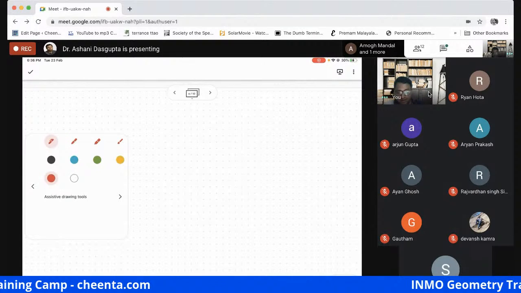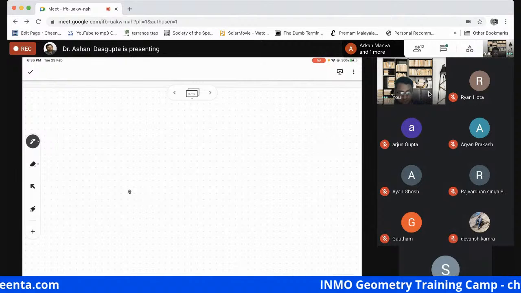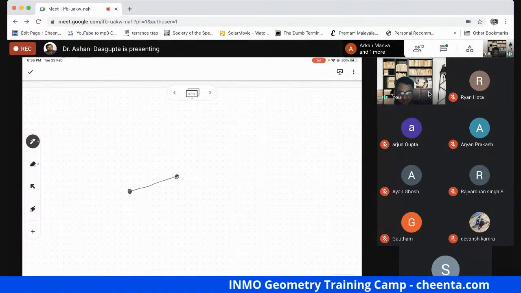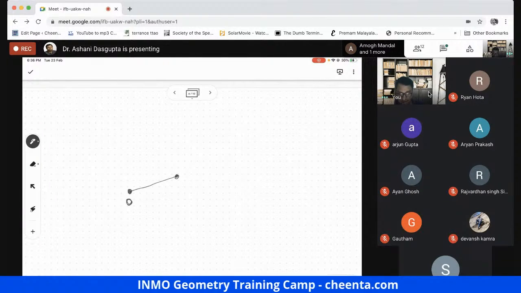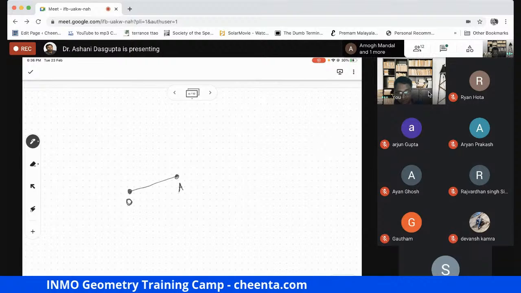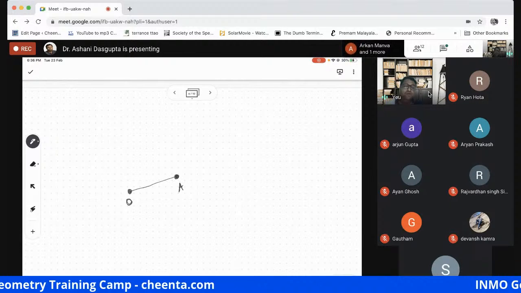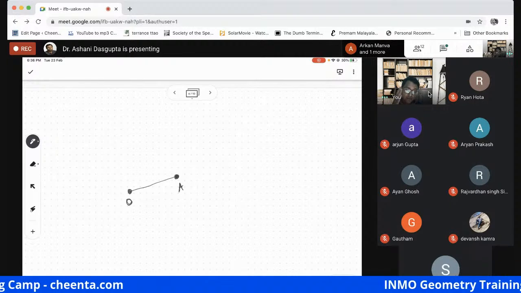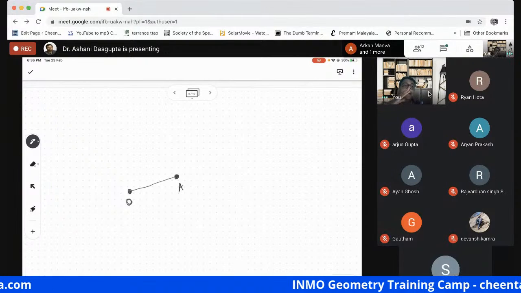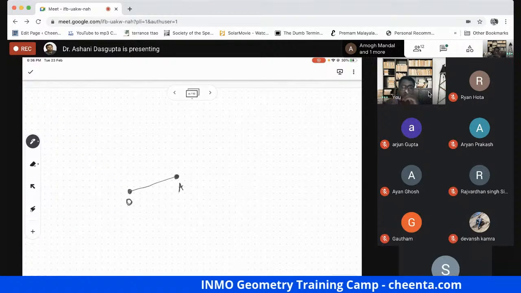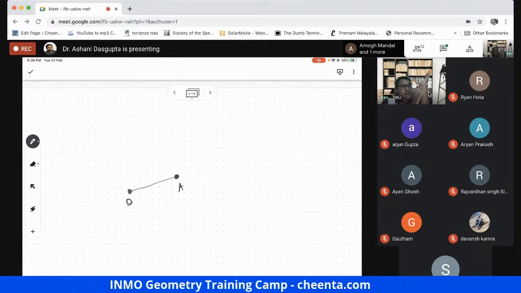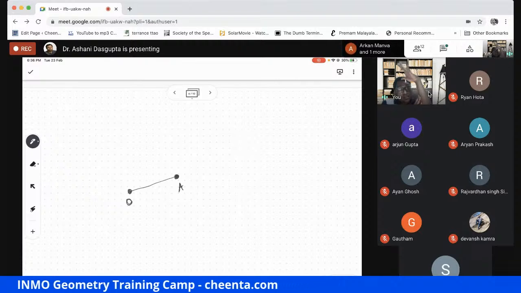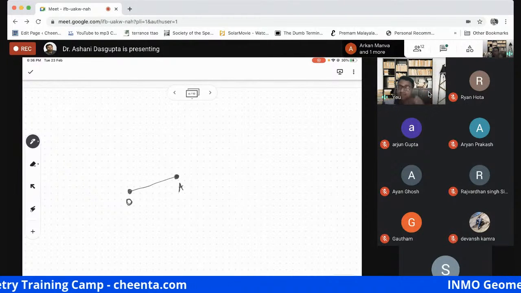What you do is you take a point. So let's say this is the center of rotation, and let's say this is point A. It is rotating, but it is not only rotating, it is blowing up, so it is getting larger in size as it rotates.